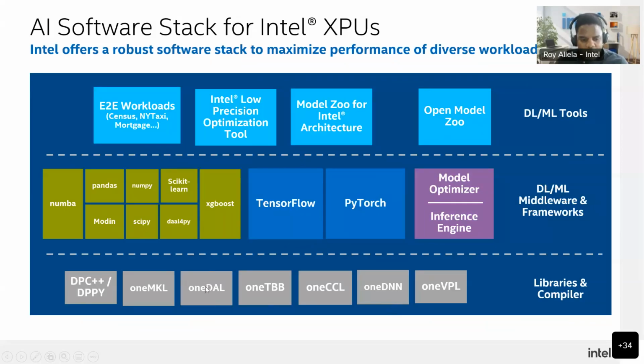Through oneDAL, you have DAL4Py, which is a Python wrapper to interface to oneDAL, and this has the optimizations for scikit-learn and XGBoost. For deep learning, we have oneDNN that has optimizations for TensorFlow and PyTorch, so optimized kernels for deep learning layers that are implemented in oneDNN. And then you can interact with this through various IDEs or user applications to develop your machine learning workloads.